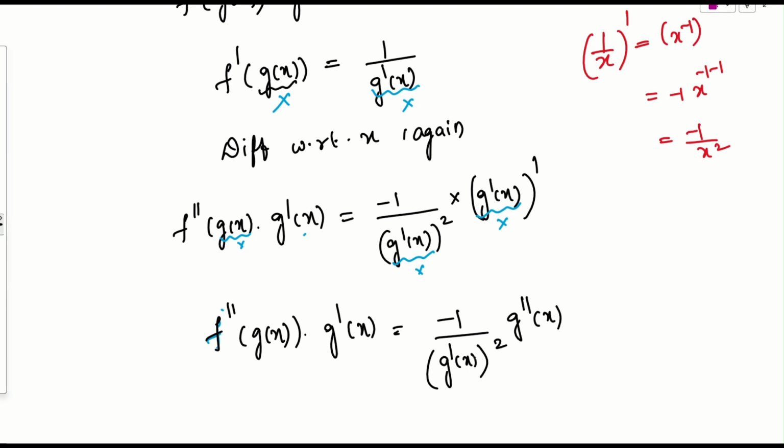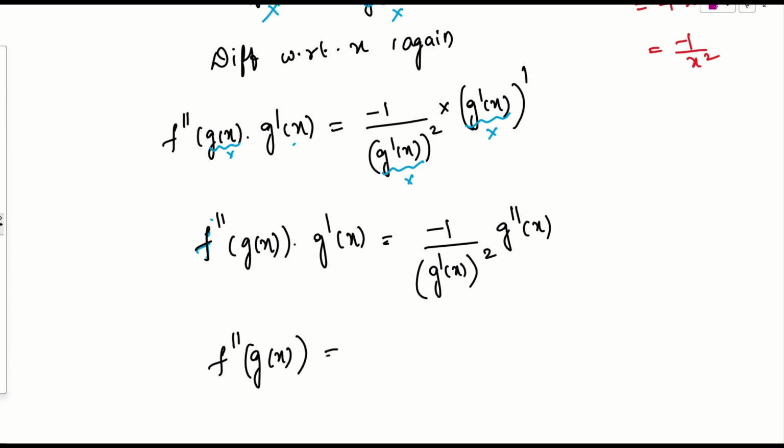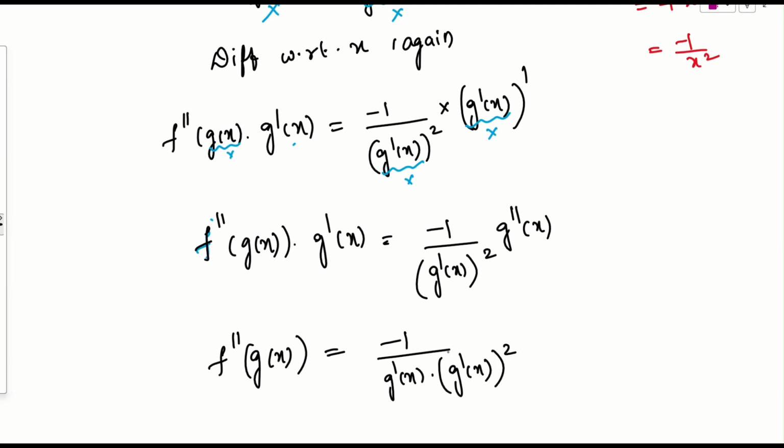Yes. So now let us continue. From this, what can we say? We want f double dash of g of x. This is what we want. Agree? So whatever you don't want, send it to the right side, which will be what? Minus 1 by g dash of x into, already we have g dash of x the whole square, times g double dash of x.